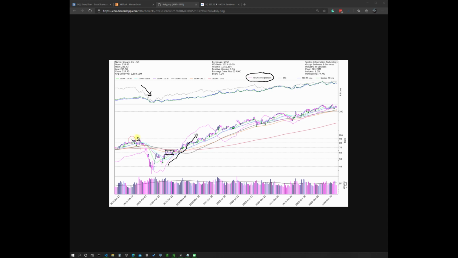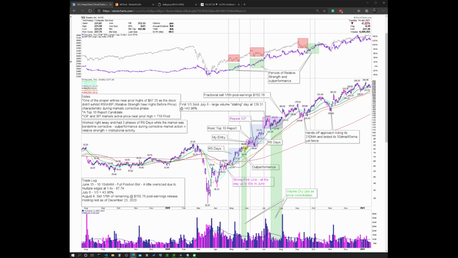And then this is your prior high, and this is where it made it to the top 10 report. So the key takeaway from this particular graph, other than some of the info that we get out of it, is there's a rise in the pink line, which is added conviction when we position into a particular stock.